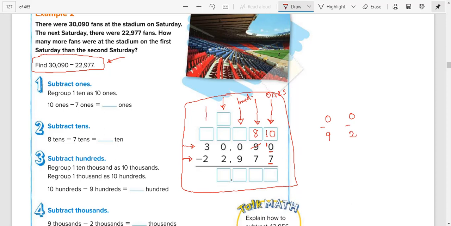So go to the last one, okay, which is the 10,000s place. 3. Mr. 3, can you please borrow us 1? Yes, I can. Borrow 1 from 3. Removing 1 from 3, you'll be left with 2. The 1 you borrow from 3, put it here, it becomes 10.